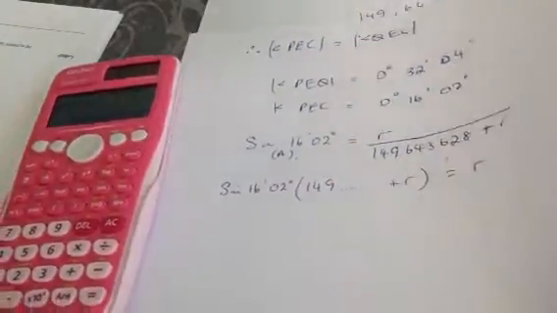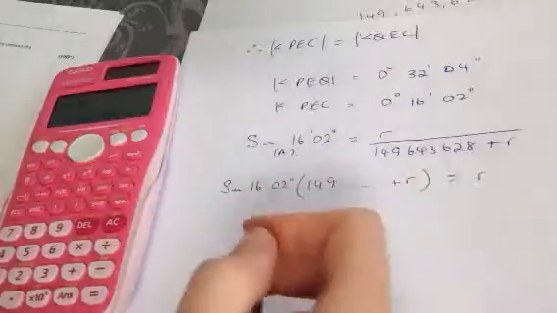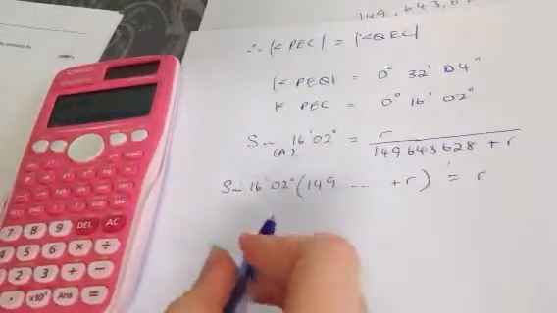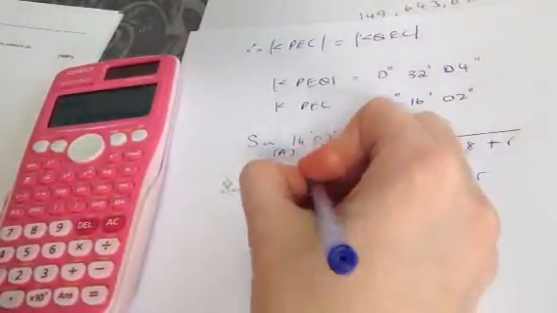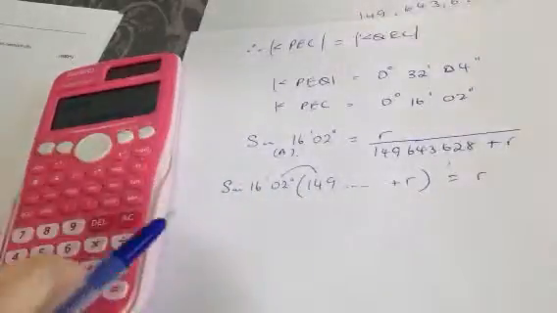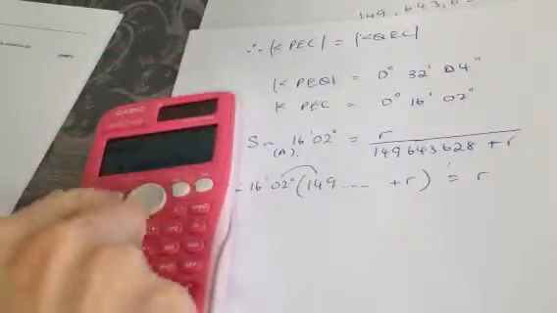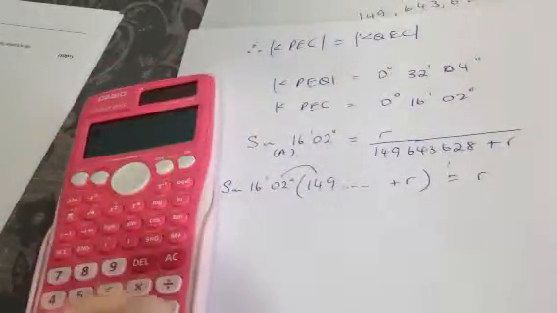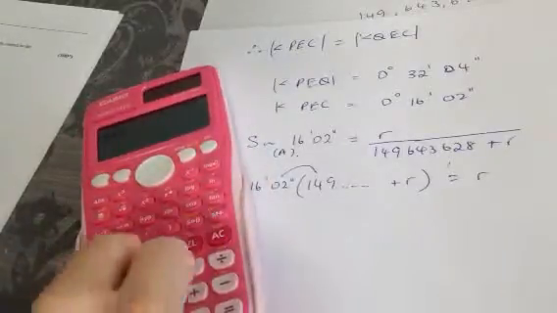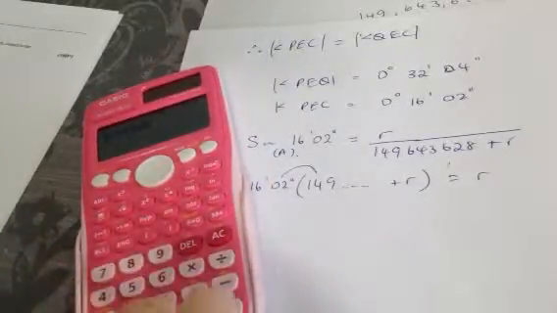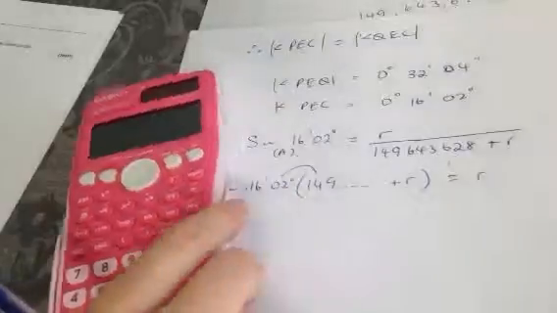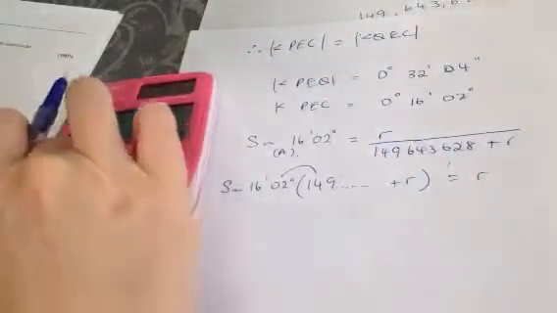This is actually quite similar to earlier on in the question, a bit tedious with all the decimal places, so I'm going to multiply this by this. So I've stored it as A, and I need to multiply it by 149,643,628. And I'm going to store that as B.